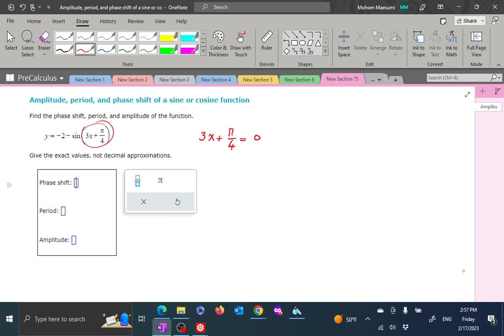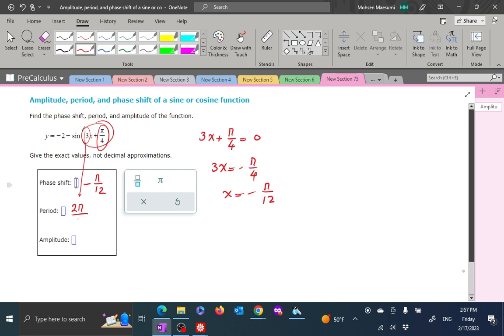It starts when this is 0, so 3x is minus pi over 4, therefore x is minus pi over 12. Or the recipe is just take this, divide by that, and make it negative. So minus pi over 12. Period is 2 pi divided by this. There's a name for that number too, it's called the frequency, but somehow it's not mentioned here. So 2 pi over 3.